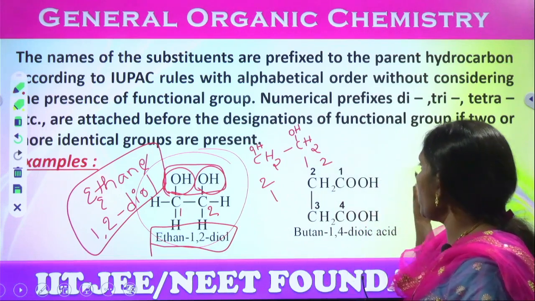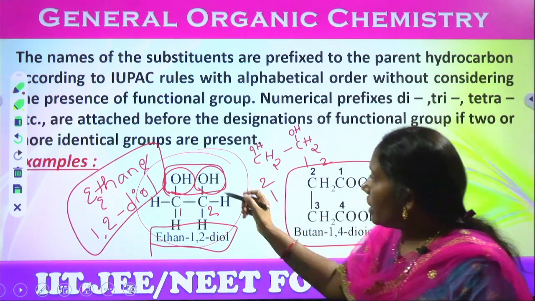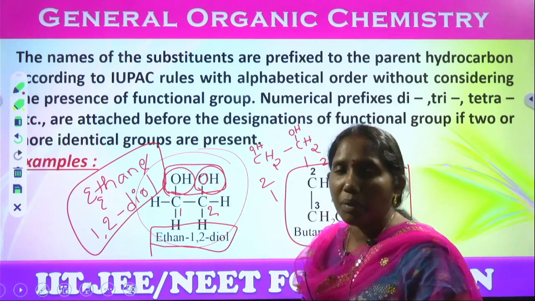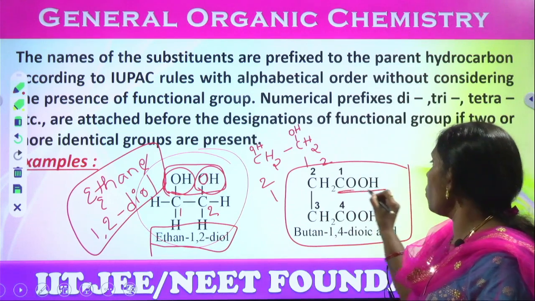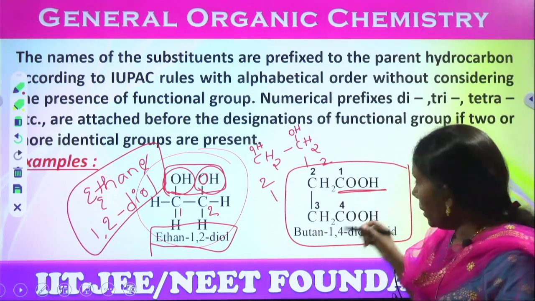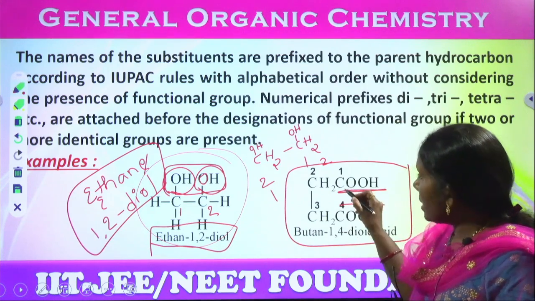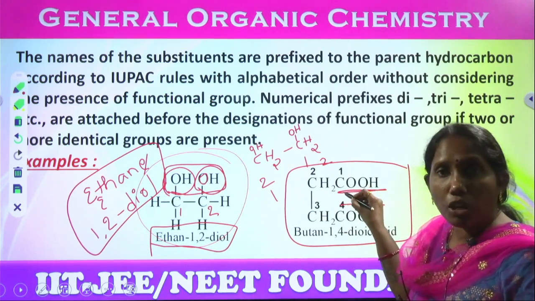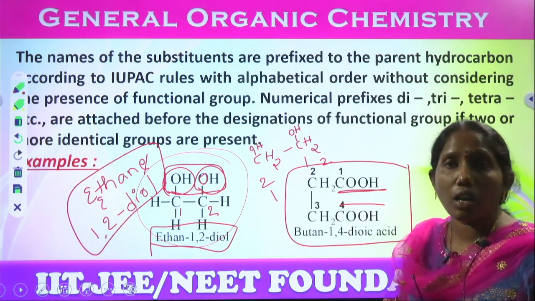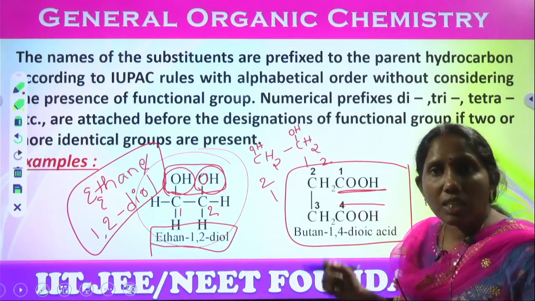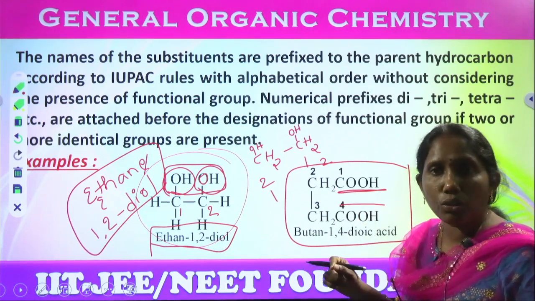Let us see one more example given here. For oxygen there is no carbon, but coming to here, the COOH group is present. Here also the COOH group is present. That COOH group containing carbon, that carbon also we have to consider. Those are called carbonyl compounds. The carbonyl compounds which have carbon, that carbon also we have to count.